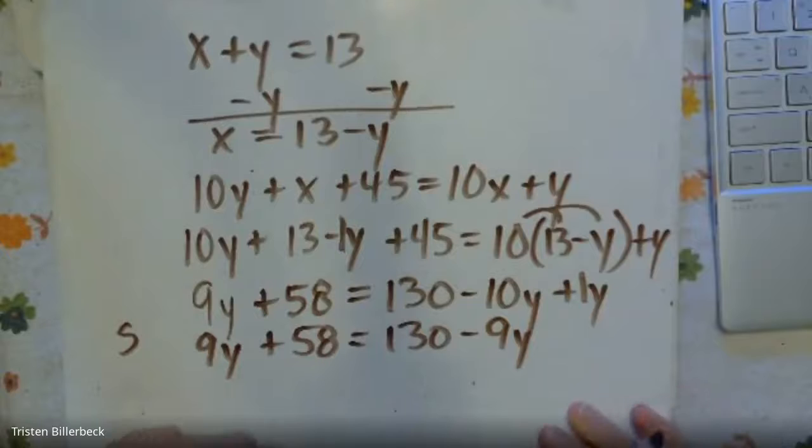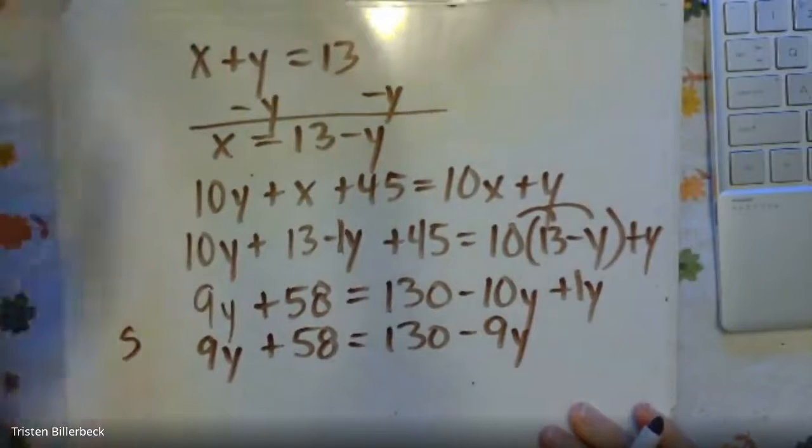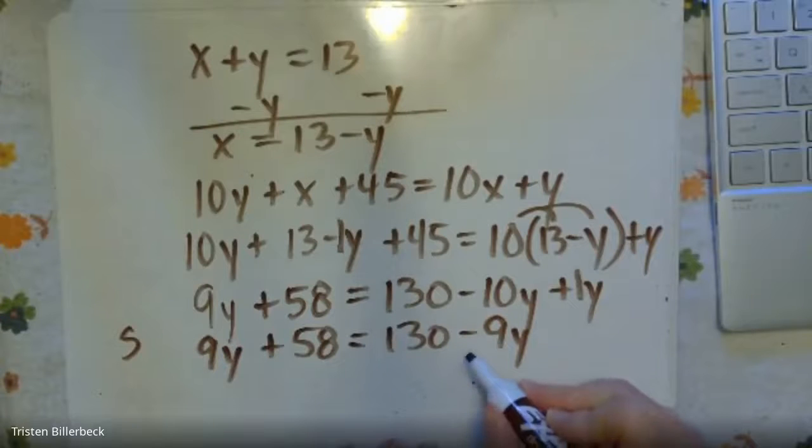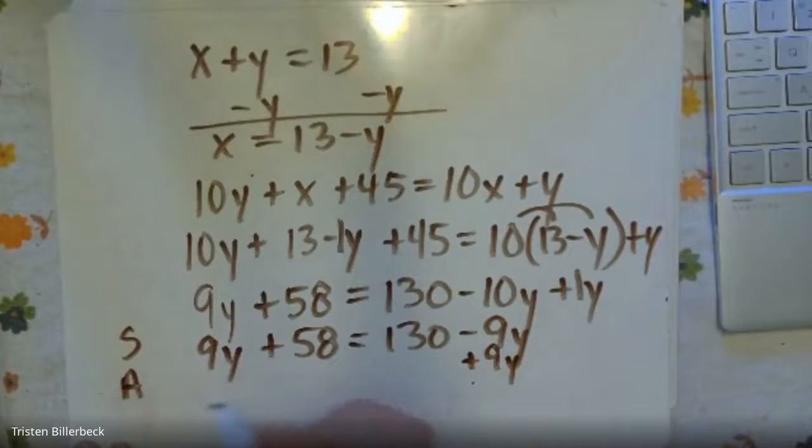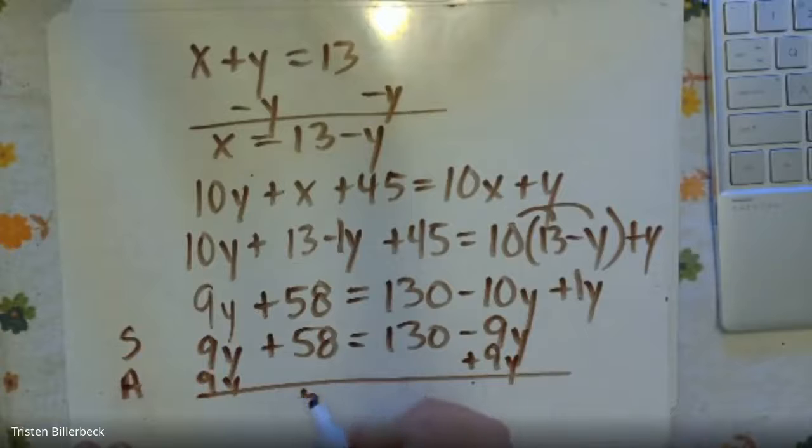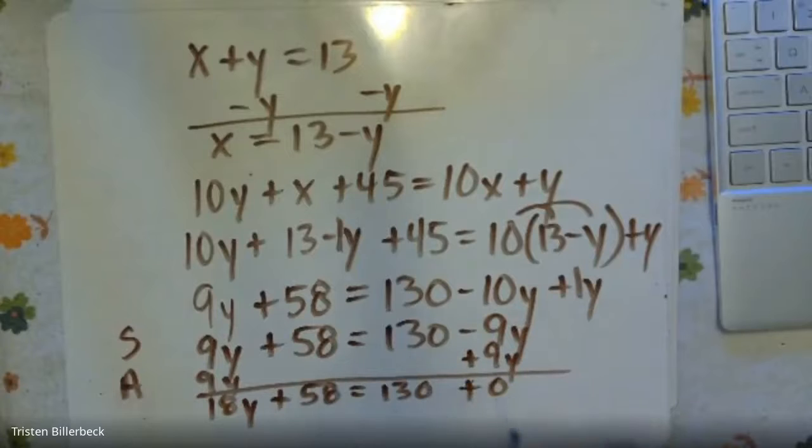Okay, so we're getting there. It's a long problem. All right, so I'm going to start moving things around. I'm going to add this 9y to the other side using an additive inverse. And I have 58 equals 130, and that's 18y right here, and that's 0. So now I'm going to use an additive inverse with the 58.